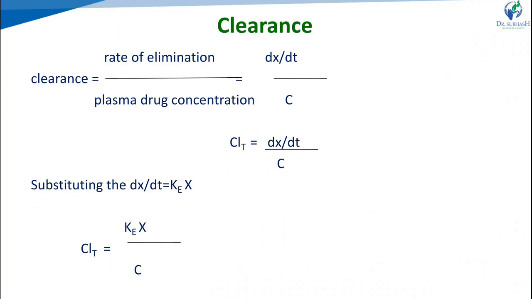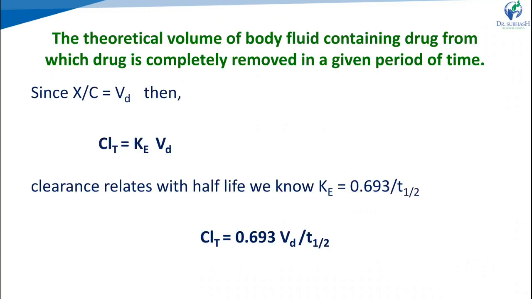So clearance is equal to dx by dt upon C. For the one compartment IV bolus, dx by dt is equal to Kex. Substituting that into the equation, clearance is equal to Kex upon C. Since x upon C is the volume of distribution, clearance is equal to K into Vd.